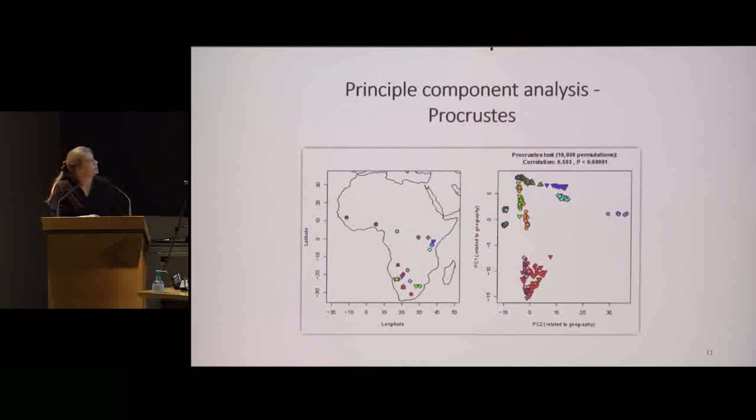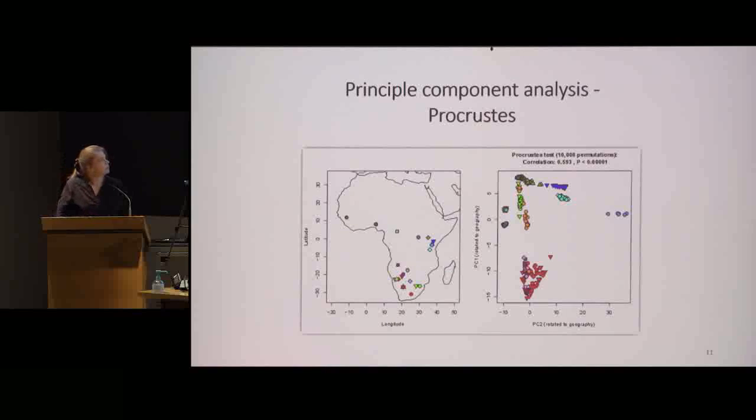For instance, some of these green dots that are in the south and in the east today still group with the green dot populations in the western part of Africa, and these are Bantu speakers. They are the farmers that I mentioned before that expanded from West Africa and migrated to the rest of Africa. Even though today they live in southern and eastern Africa, genetically they have a West African background.